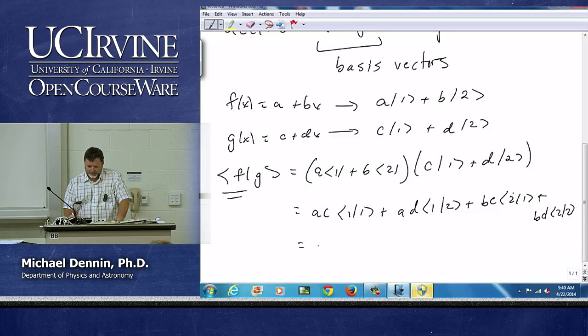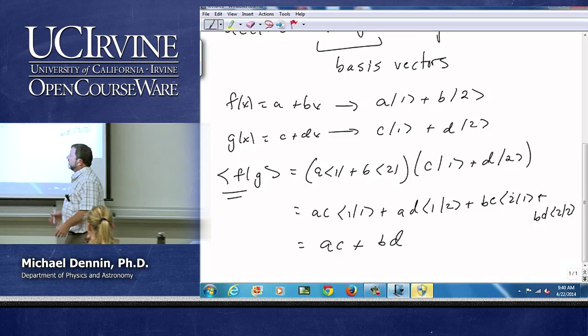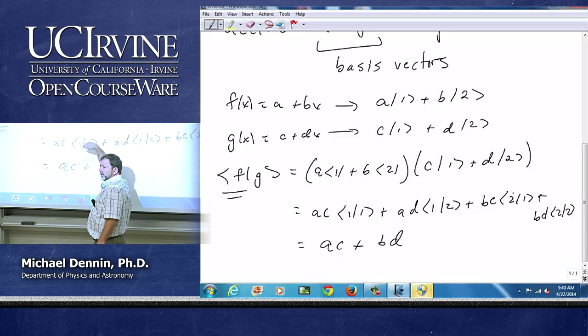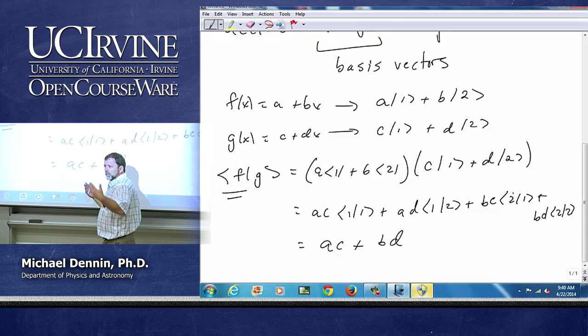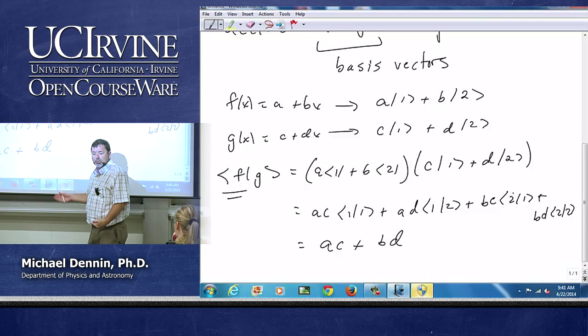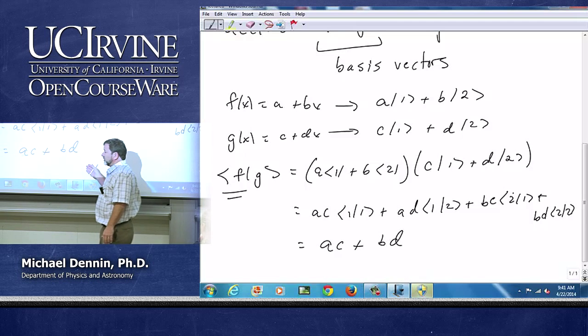However, if you notice, it does kind of give you what you might want for getting out the scalar, right? The natural thing might be to take the a and the c and multiply each other, and the b and d multiply each other. That looks just like the dot product for geometric vectors when we write it in components. And that's why in geometric vectors the dot product works out the way it does. It's because we're using orthogonal basis, x and y, and you don't get cross terms.